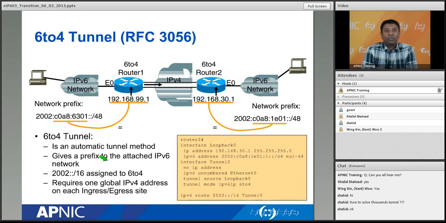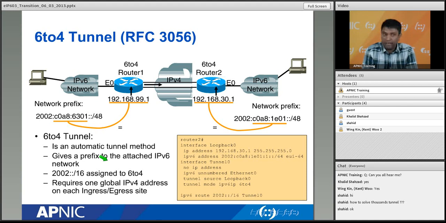If they want to do that, but the upstream they are connected to is not ready yet to forward traffic on v6, that is the situation. To solve this type of situation, the 6to4 tunnel technique can be used. Both sides of the network are ready to use IPv6 as a protocol, but in the middle the internet infrastructure doesn't support it.